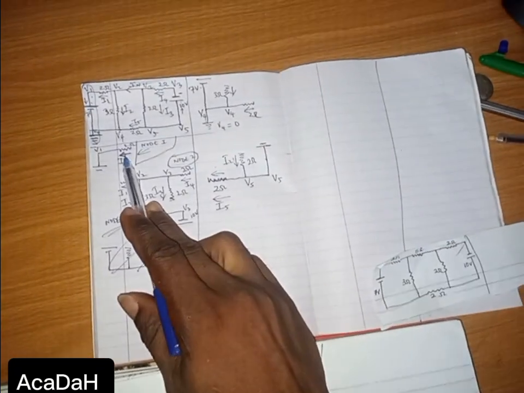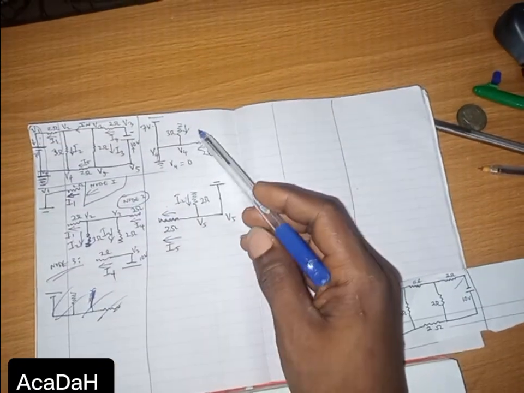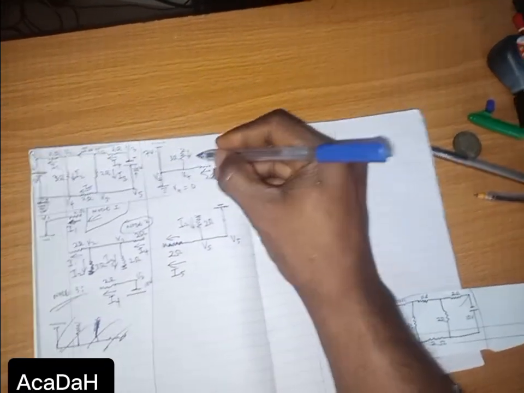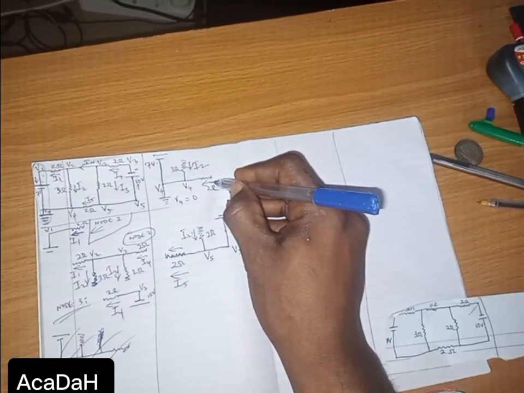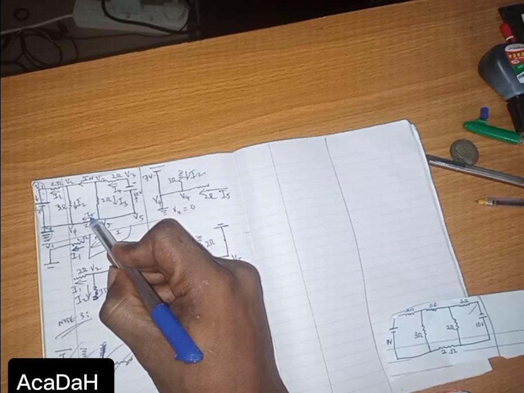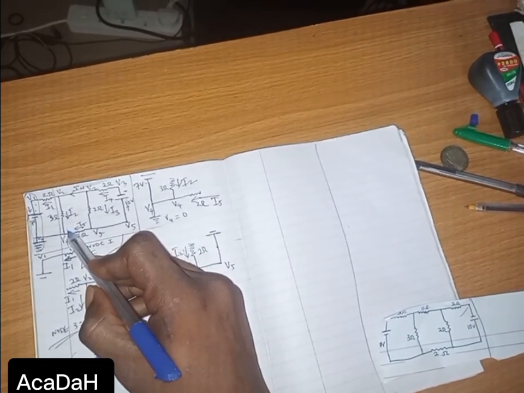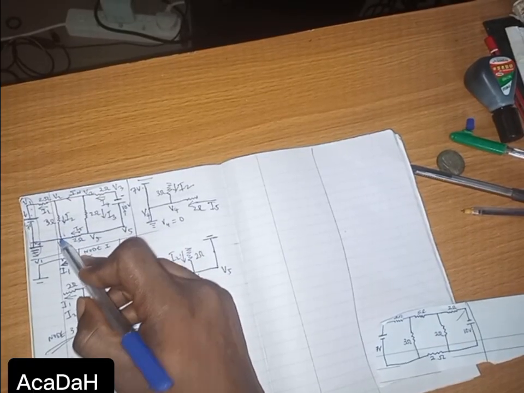Now for V4, this current here is I2, then this current here is I5. I2 is entering it, I5 is also entering it.